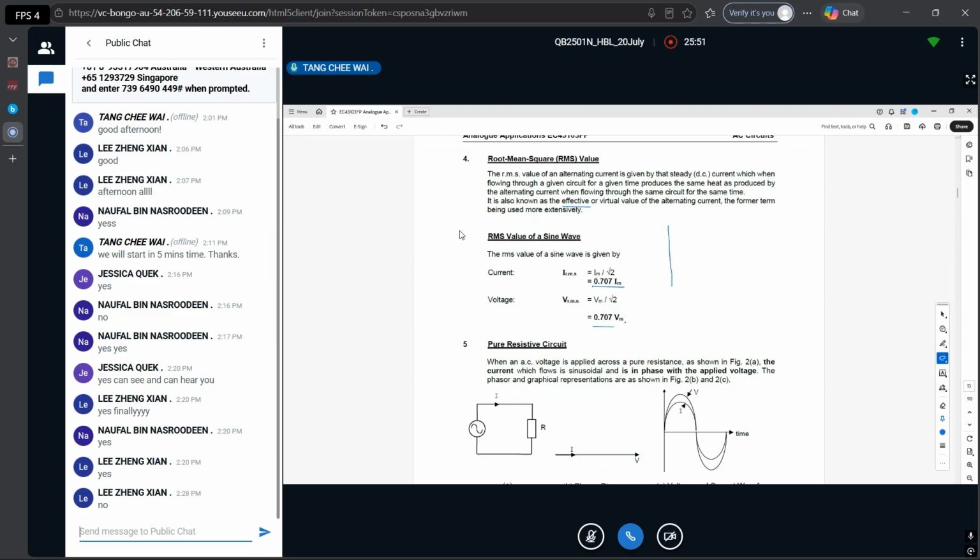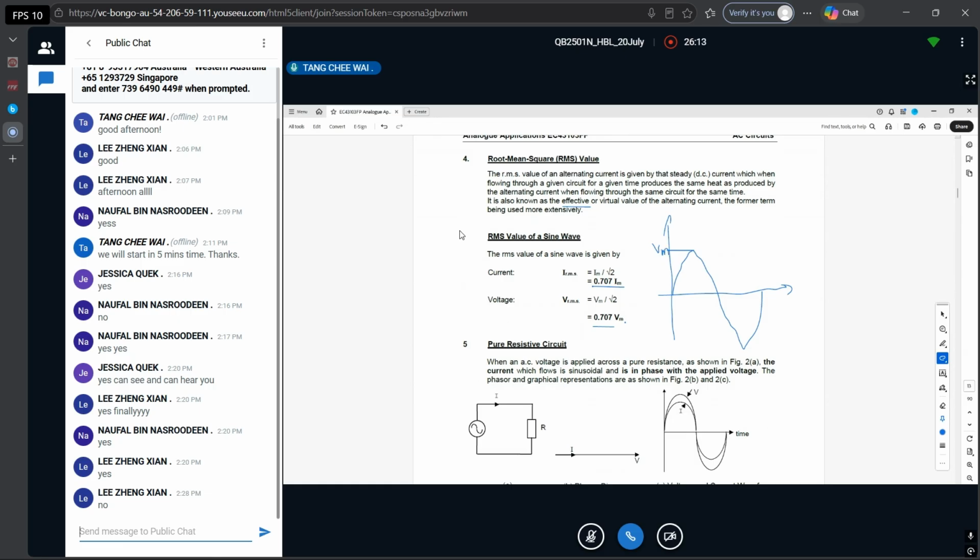If you put these two values in perspective, it looks something like this. Let's say I draw a waveform. Let's say this is my Vmax, my Vm. Now I'm talking about voltage.